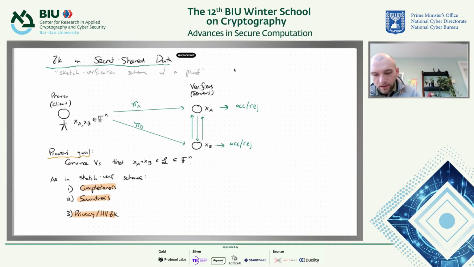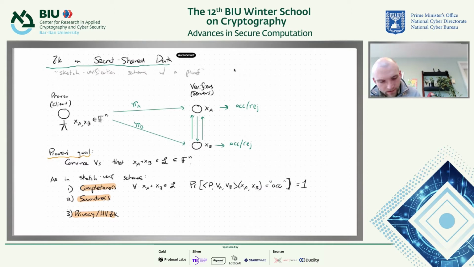So completeness here means that for all XA and XB whose sum is in this language, when you run this protocol between the prover and verifier A and verifier B on these inputs XA, XB, the probability that the honest verifiers accept should be 1.